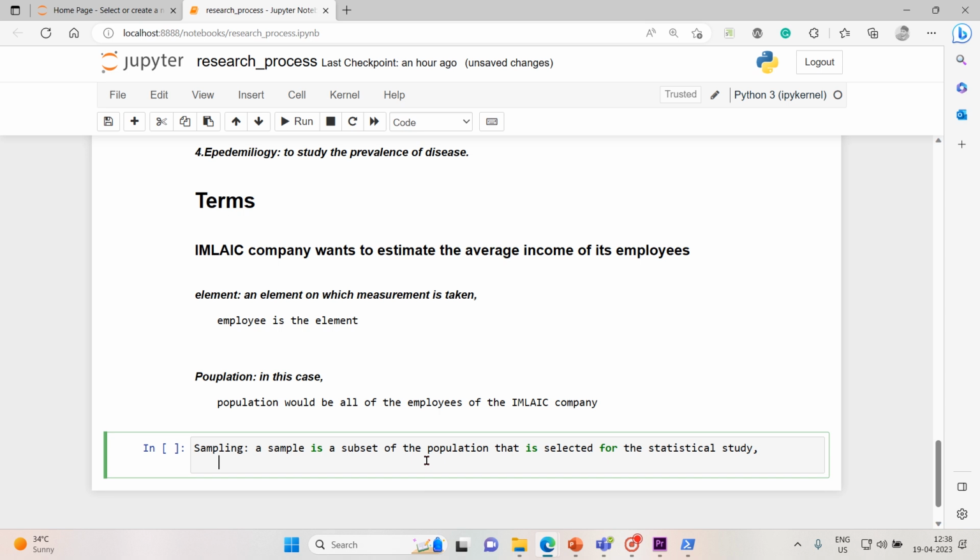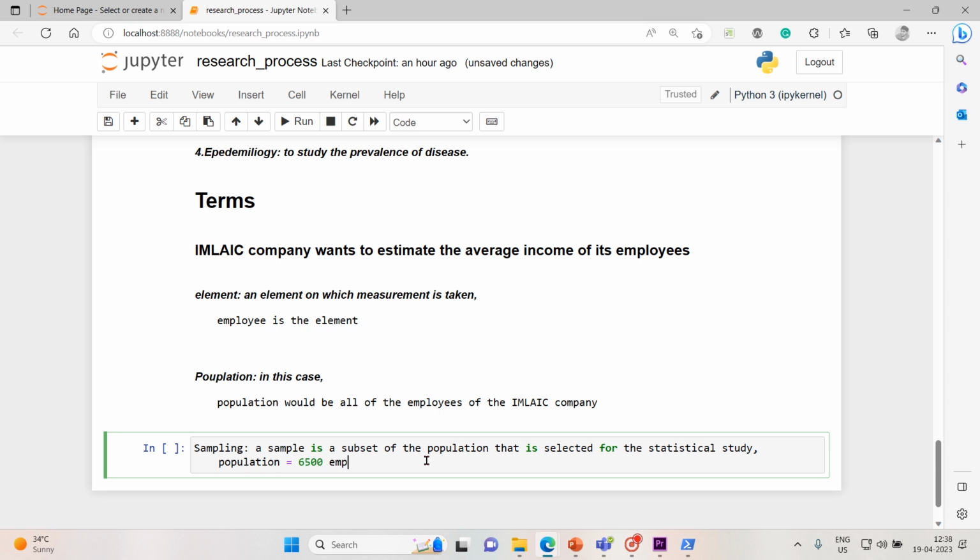And in this case, let's take an example. The company might choose to survey a random sample of 100 employees. For example, the total employees of my company is, let's take 6,500.